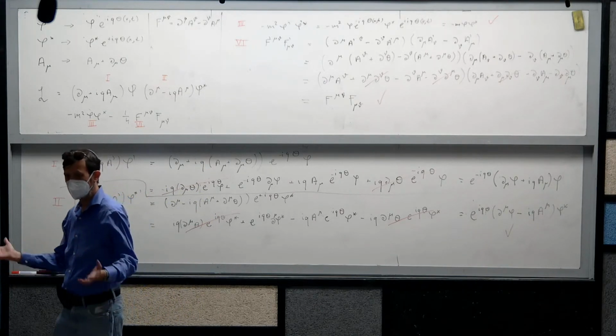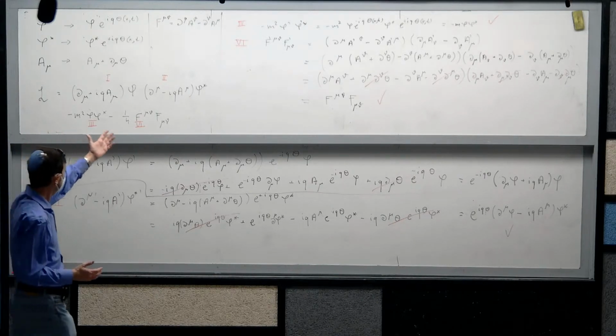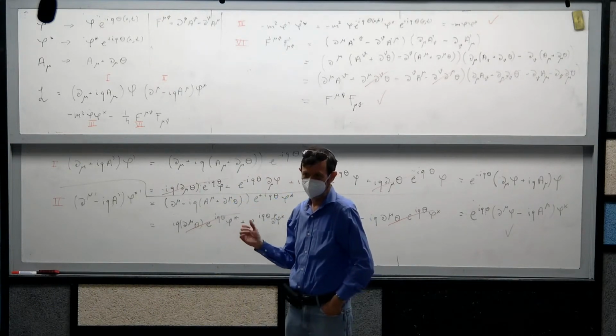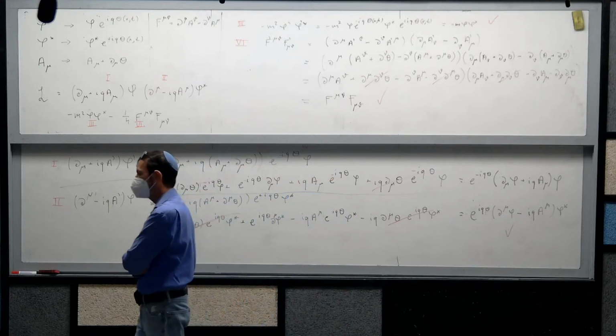We have interaction between two different fields, which is the electromagnetic field and a particle field. And of course it obeys special relativity, because Maxwell equations obey special relativity. And as you can see, it's simply symmetric in mu and nu, which tells you basically it's okay, it fulfills special relativity.